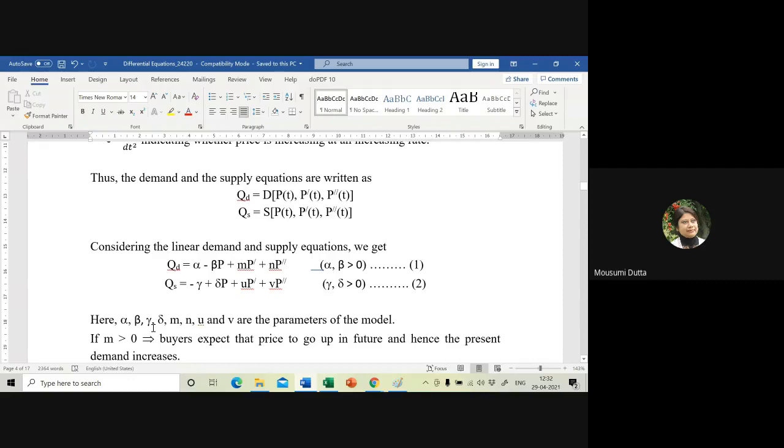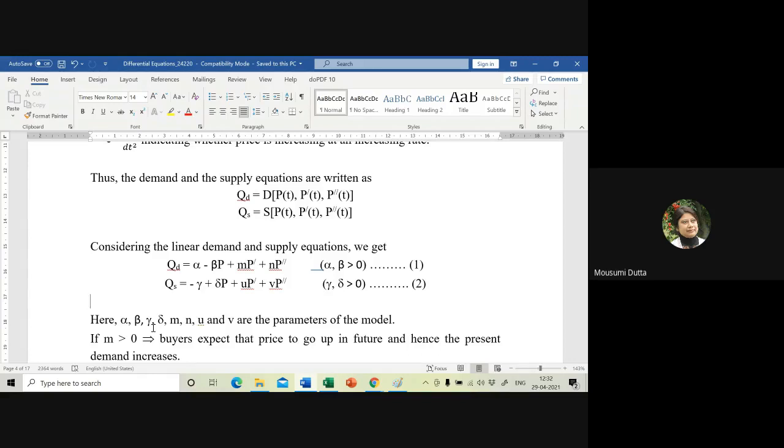So considering the linear demand and supply equations, again, we will consider the linear functional format. This can be presented as alpha minus beta P plus M P prime plus N P double prime. Alpha and beta, two parameters, are positive.